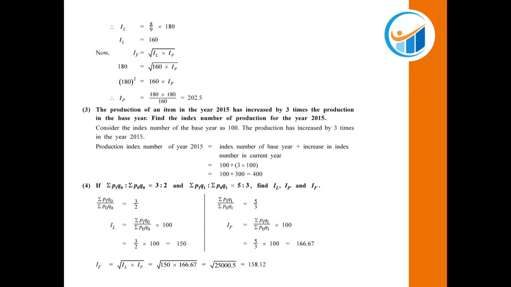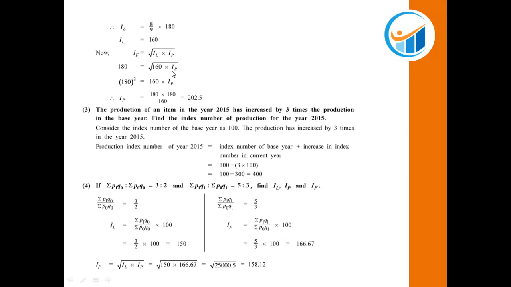So now we have to find out the Paasche index number by substituting in the formula of Fisher's index. We know the formula of Fisher's index number. Fisher's index number is under root of IL into IP. Two things are available. First of all, we substitute the value of IF, that is 180. Under the root we substitute the value of IL that we obtained earlier, 160, into IP.